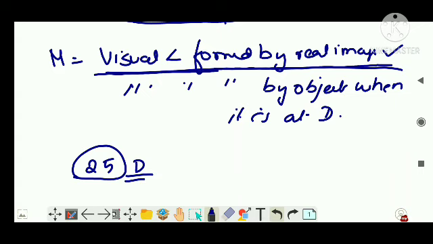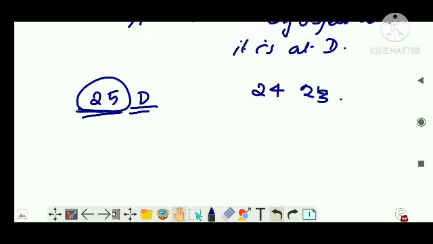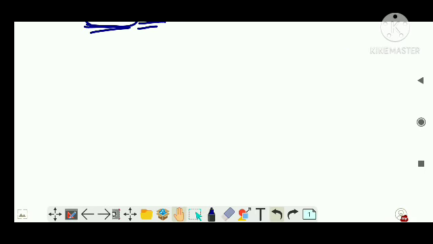If we keep it at 24 or 23 centimeter, even a slight portion of it will not be clearly visible to us. Now the angle subtended by the object when it is kept at 25 centimeter, sorry, not 25 meter, is known as the angle subtended by the object at D.